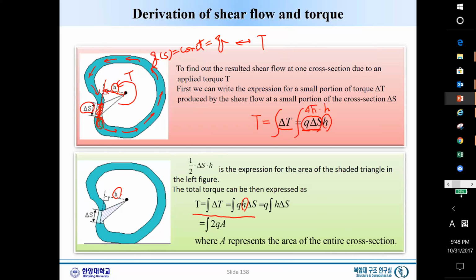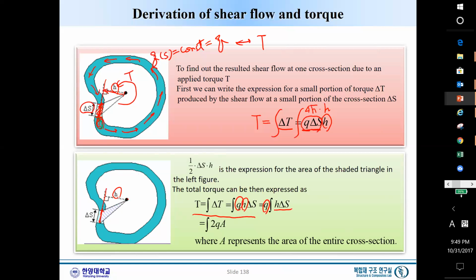H is the distance from the center toward this line. In this integration, Q again is a constant along this length, so this Q will simply come out of the integration.